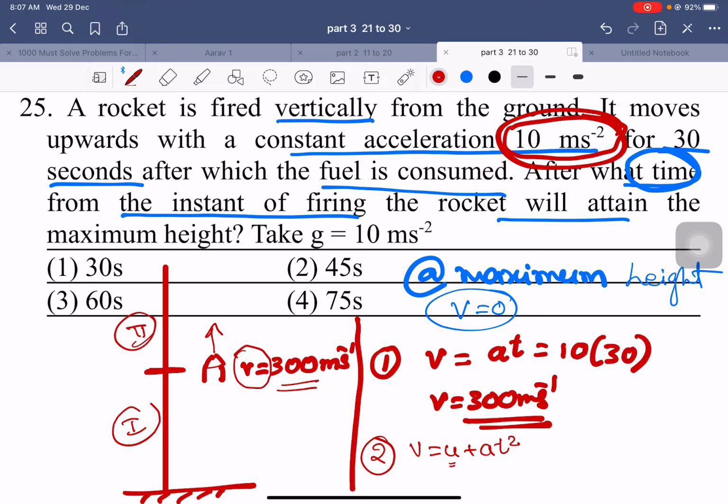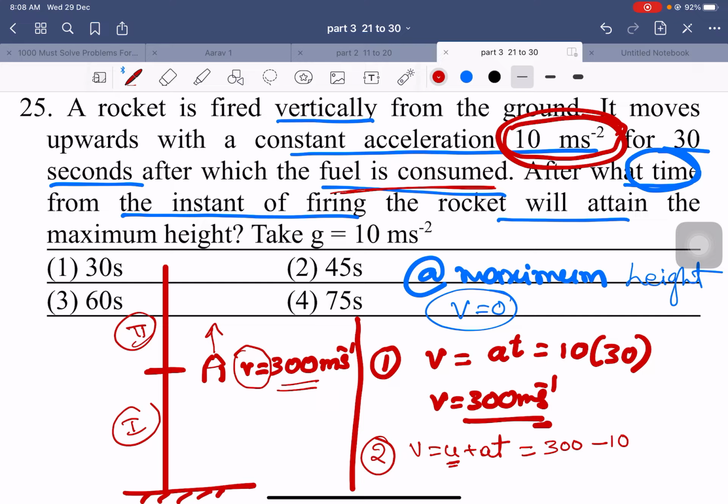So v is equal to u plus at, that is 300 plus a, where a is minus 10. Why minus 10? Because the fuel is consumed.